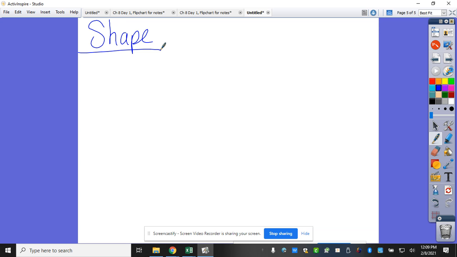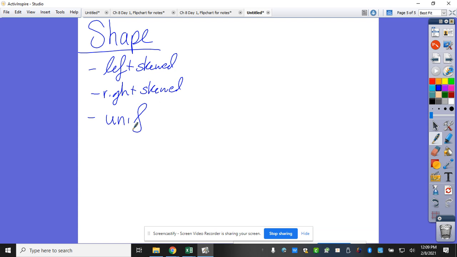What are options for that? Uniform. A lot of people have forgotten this word because they used it last chapter. What does this mean? It means all the values are the same. What's another one? Bell shape, which we usually use that one along with.